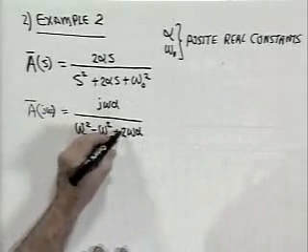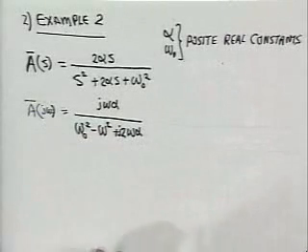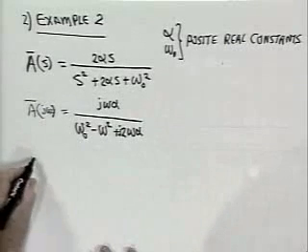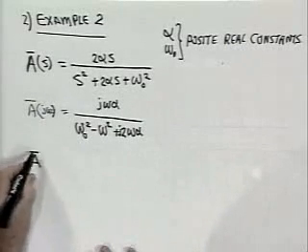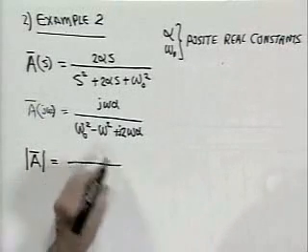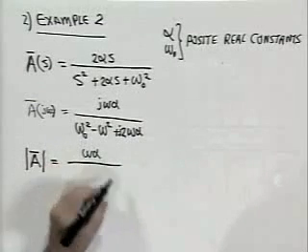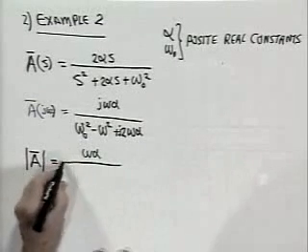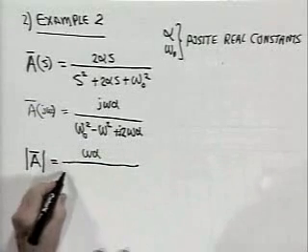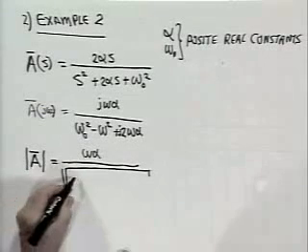times j, 2 omega alpha. The magnitude of A is the magnitude of the numerator, which is just omega alpha, divided by the magnitude of the denominator, which is the square root of the sum of the squares of the real and imaginary parts.